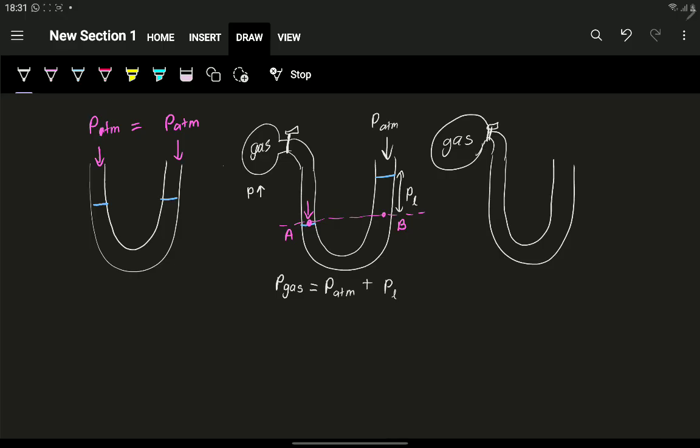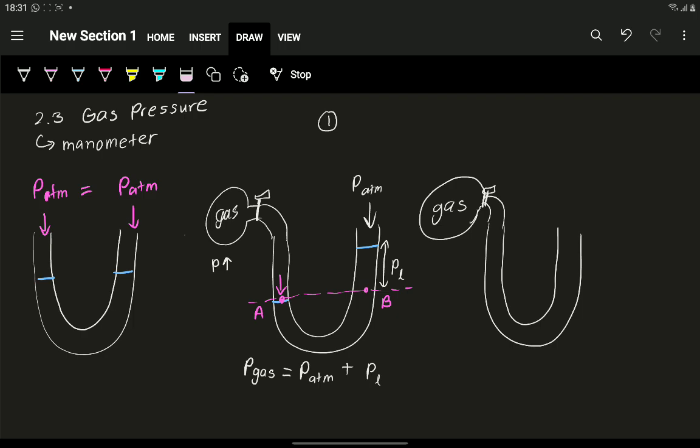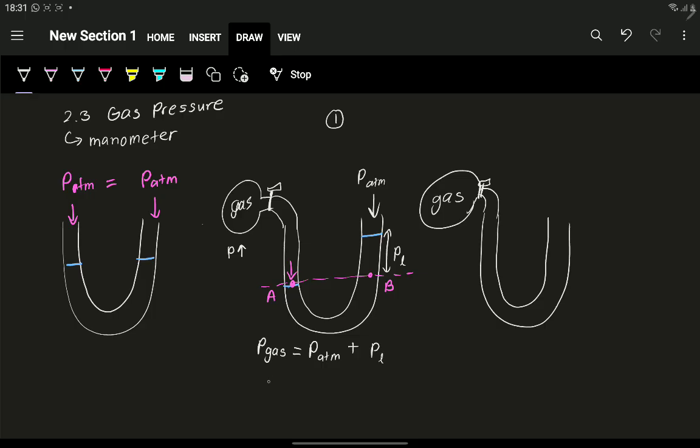How can it become like this? It's because PL is equal to pressure gas minus pressure ATM. Because the ATM is smaller than the pressure gas.